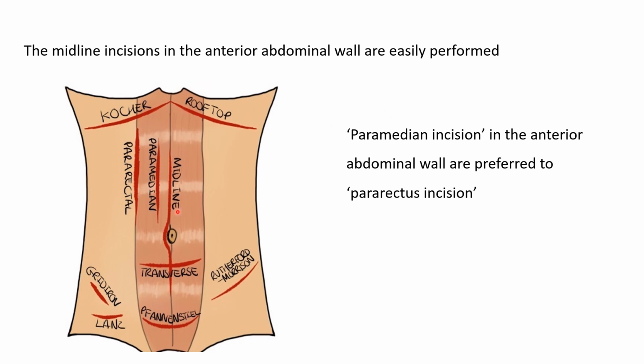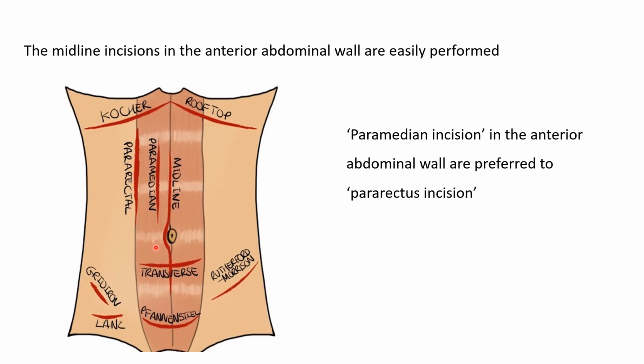Coming to the subcostal incision, for that kind of incision you have to feel for the costal margins, and mostly for emergency operations of the gallbladder and spleen, we follow the subcostal incision. And McBurney's incision is for the excision of the inflamed appendix. So what is this McBurney's point?